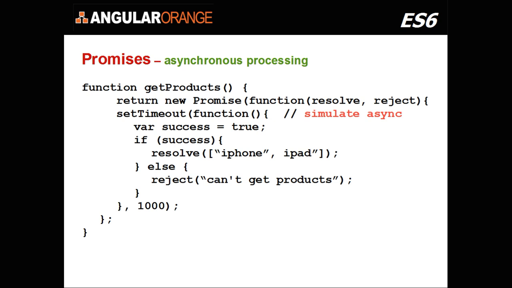For example, suppose we have a function called getProducts, and it returns a new promise. The promise takes a function with a resolve and reject, and we call a setTimeout function to simulate async. But the bottom line is, if it's true, we resolve it and return a value, else we reject it and return an error. So the function is asynchronous, the setTimeout is a browser API call.